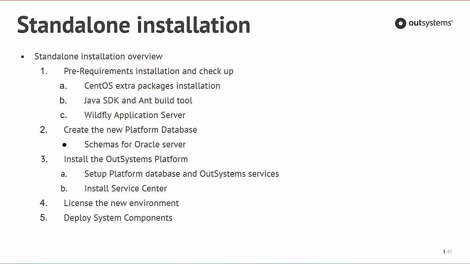This means both the setup of the platform services and database, as well as installing Service Center. And finally, you have the licensing of the environment after you've registered it in the licensing console, and then deploy the system components so you have a properly complete installation, ready to be used.